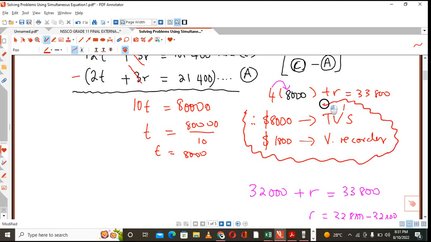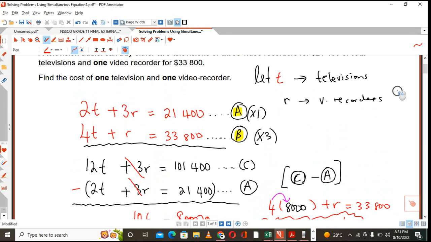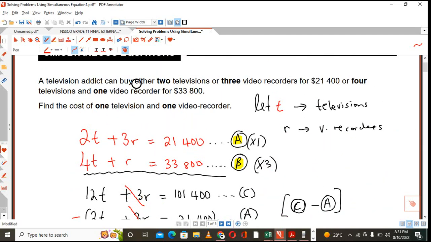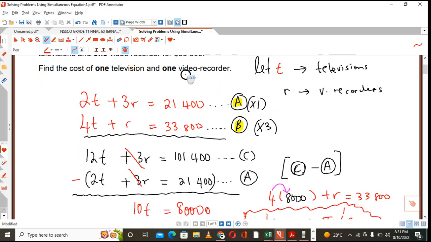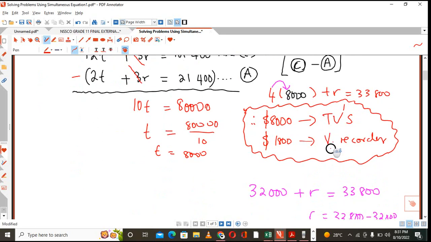These are the solutions to this problem. So again, read the problem carefully, create variables that you are going to use, and then solve them simultaneously. At the end of the day, replace the units, and since we are dealing with money, our answer should also be in terms of money.